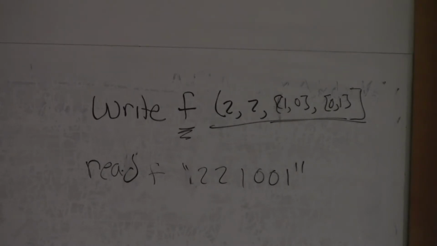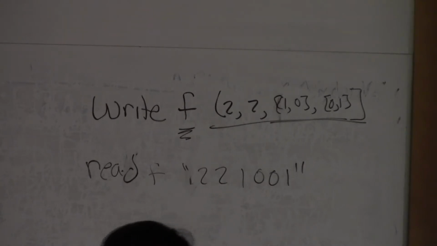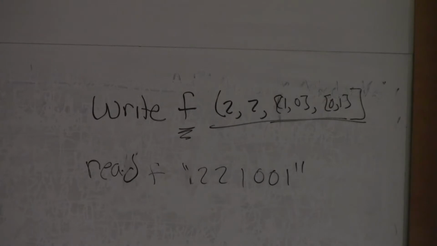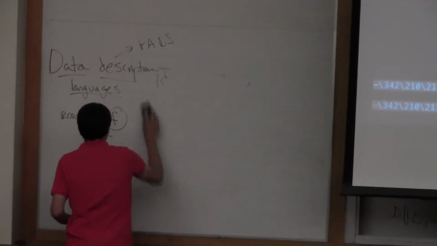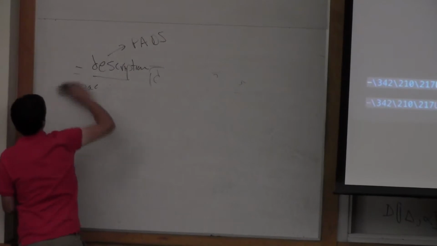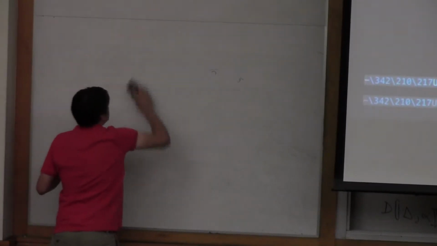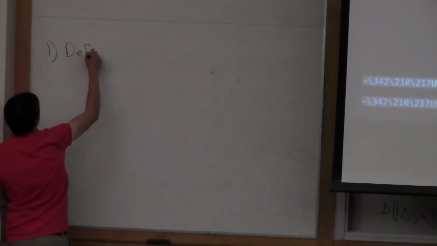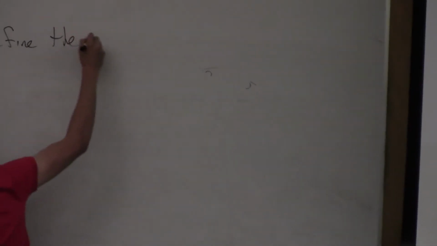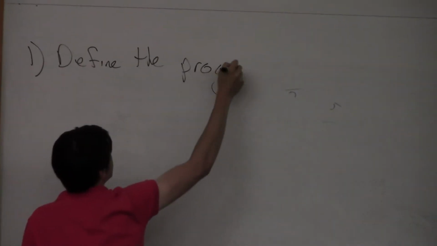OK, so the idea is you want to do this kind of thing. And so what do we need to do to build up this domain-specific language in Agda? Well, I'm going to break it down into 4 steps. So step number 1 is define the programs.